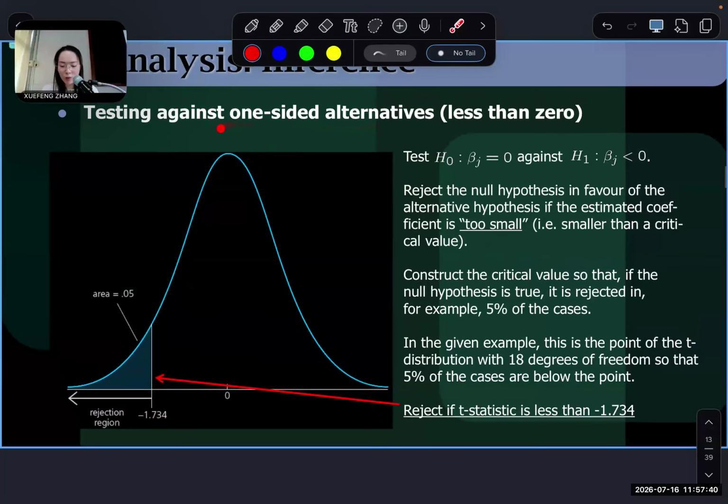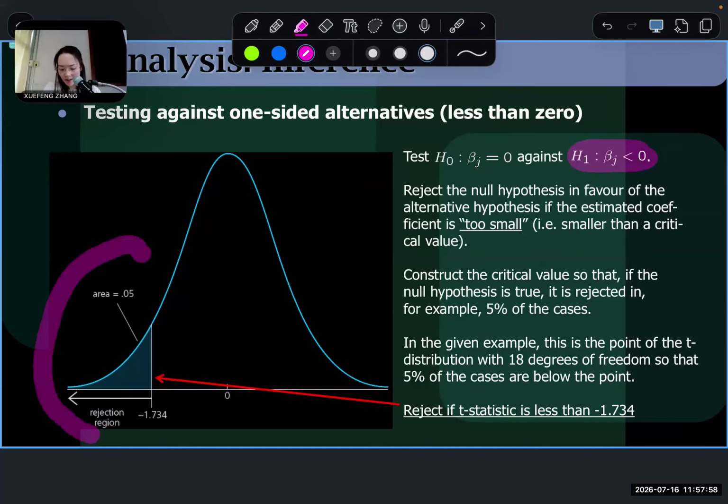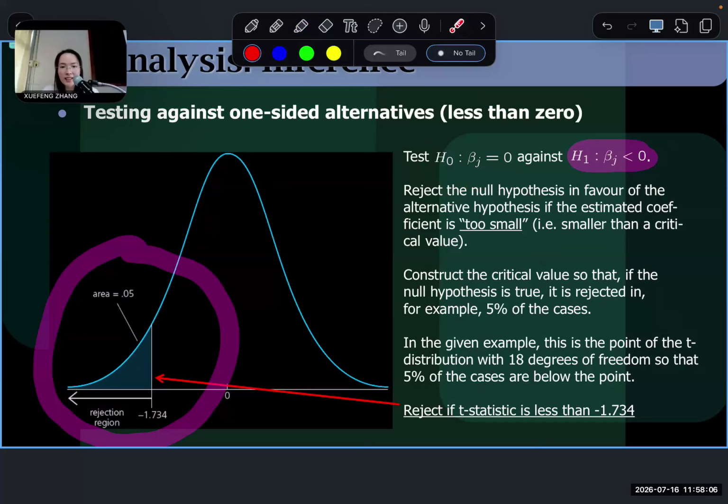But here, the one-sided alternative is less than 0. So here, we want to test H0, beta j equals 0, against H1, beta j is less than 0. You see, less than 0. That's why we use the left side of the distribution. Here we expect a negative effect, okay?